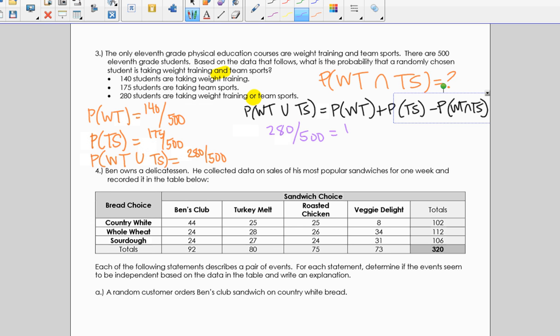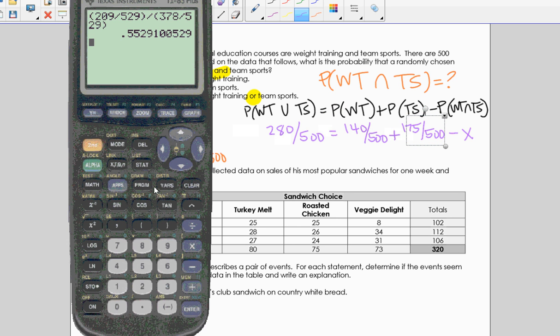The weight training is 140 out of 500. Team sports is 175 out of 500. And I am looking for the unknown, the and. So in my calculator, I'm going to add together 140 out of 500 and 175 out of 500.